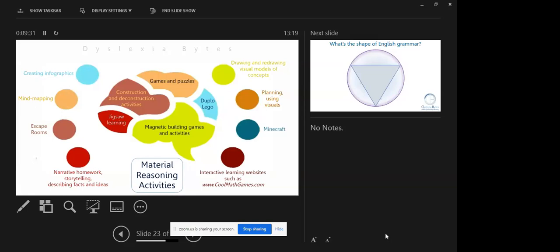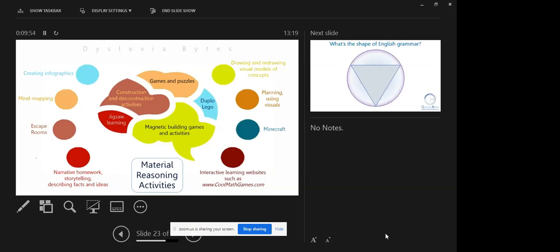Mind mapping. Really interestingly, after the 9/11 attacks in America, Lower Manhattan was redesigned using mind maps. And these mind maps would allow people to include complex information in a very simple form. And after the reconstruction of Lower Manhattan, the mind maps went into the Museum of Modern Art. They're so, so good.